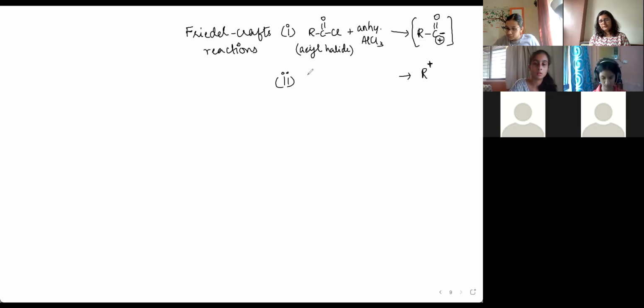So you take haloalkane, alkyl chloride. You take RCl, treat it with anhydrous AlCl3. AlCl4 minus gets out. That's how Cl minus is removed, and R remains as R plus.